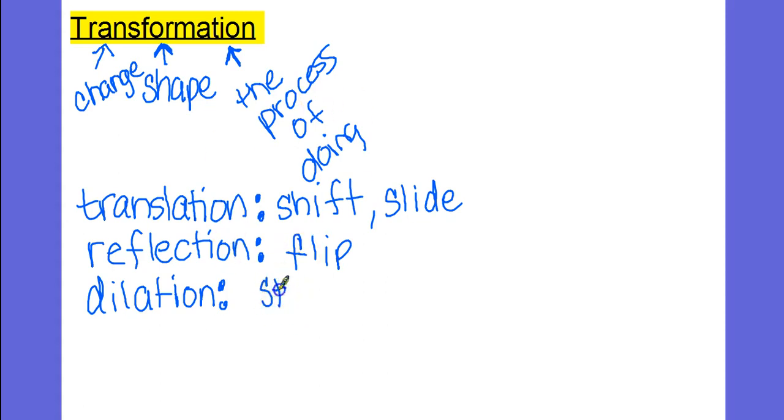Well, sometimes you'll hear people say that you're going to dilate on a scale of 1/4, which means you're going to squeeze it down and make it smaller. But we call this a stretch. And stretches can happen vertically or stretches can happen horizontally. Okay, the other thing that we're going to do is do constrictions.